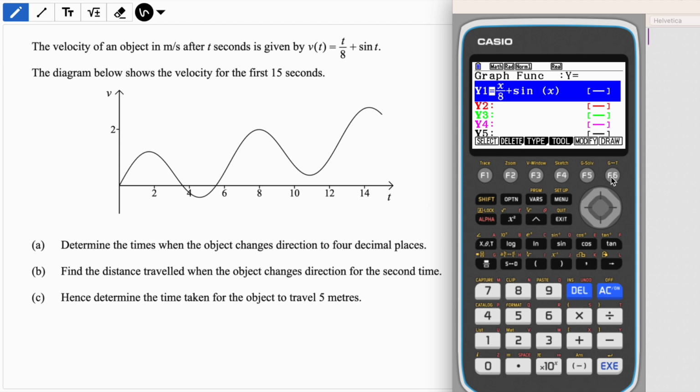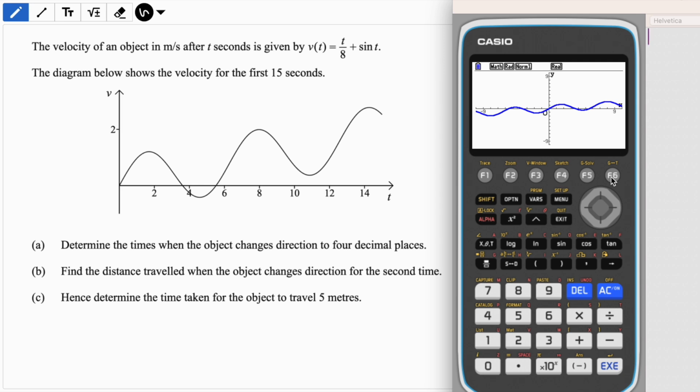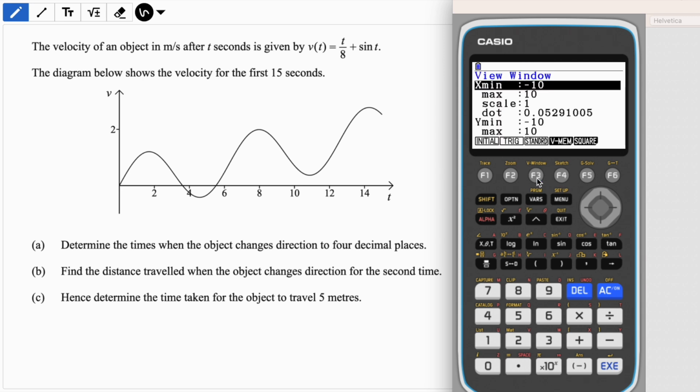So once it is done, click draw, and you can see the graph is there, but it's not the same as the way we see in the diagram. So in order to adjust, you have to adjust the window. So go to window. For x minima, this is 0. Maxima is going for 15. And now go to y values.